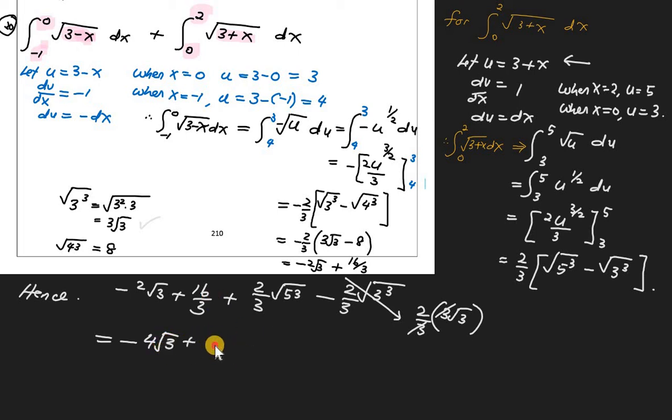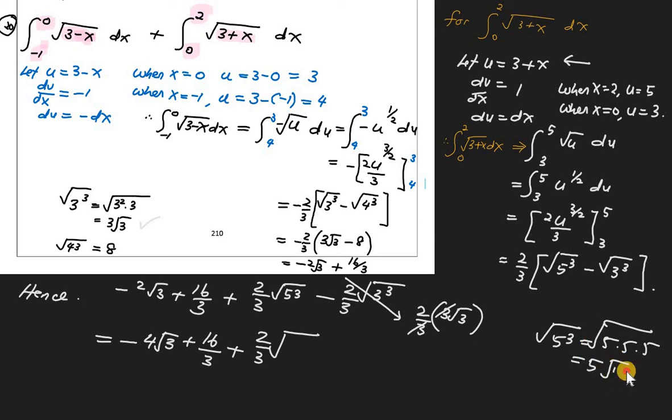And then we have 16 on 3, and we have 5 power 3, which you can simplify. 5 power 3 is what? 5 power 3 is actually 5 times 5 times 5. So it's similar to 5 square root 5.